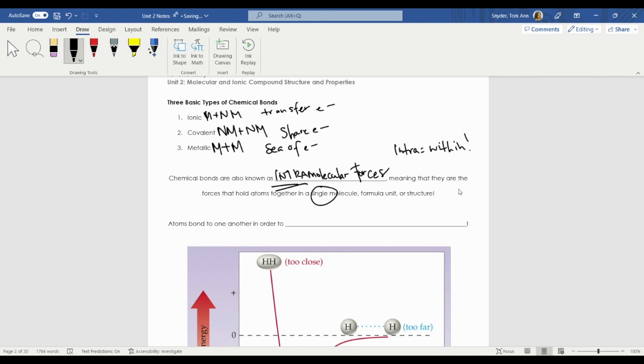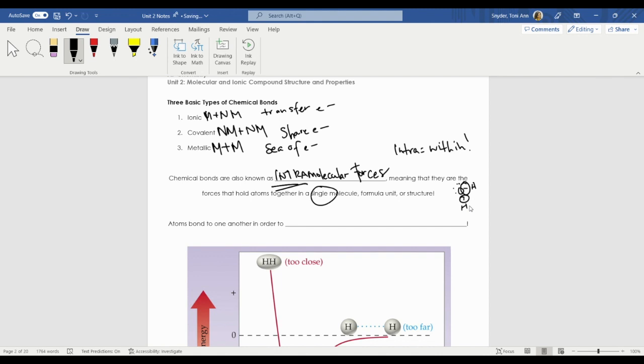So this would be, for example, what's holding together that oxygen and hydrogen in water. That's an intramolecular covalent bond. This particular unit is all about what's holding together the atoms within one single molecule, formula unit, or structure. So just key difference, intra versus inter.